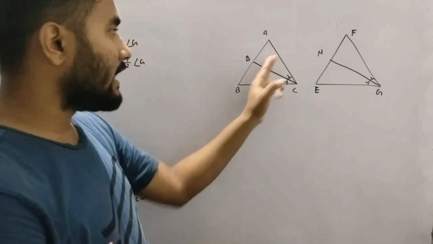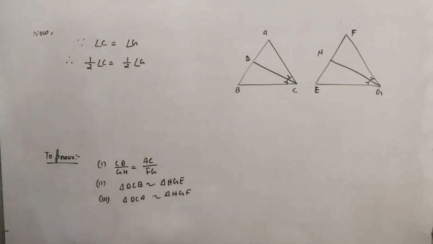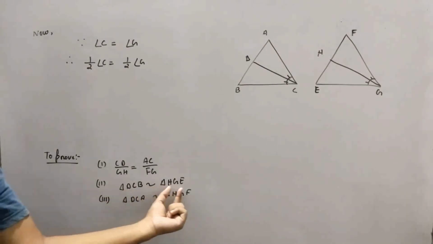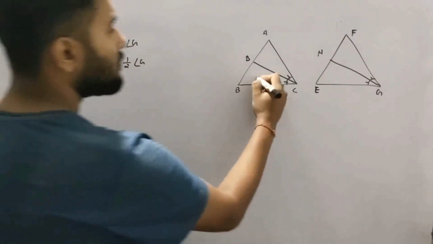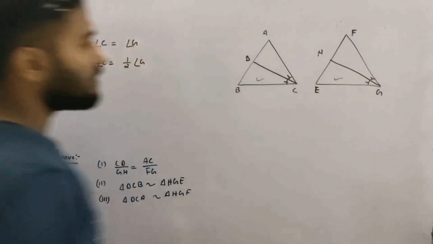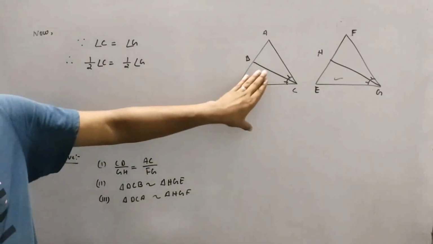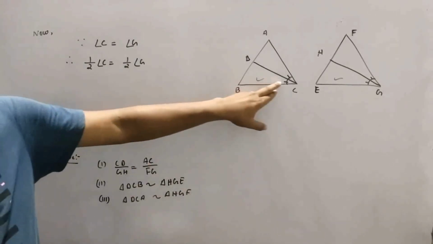Half of angle C I can take anyone, okay? And half of angle G also I can take anyone. But which one do I need? So for that, simply look at the question. Triangle DCB, triangle HGE. Triangle DCB is this triangle and triangle HGE is this triangle. So means I have to prove these two triangles similar. So for this triangle, I need the lower one, this angle.